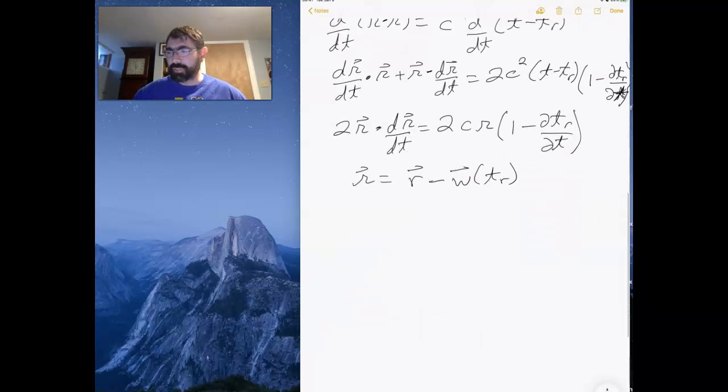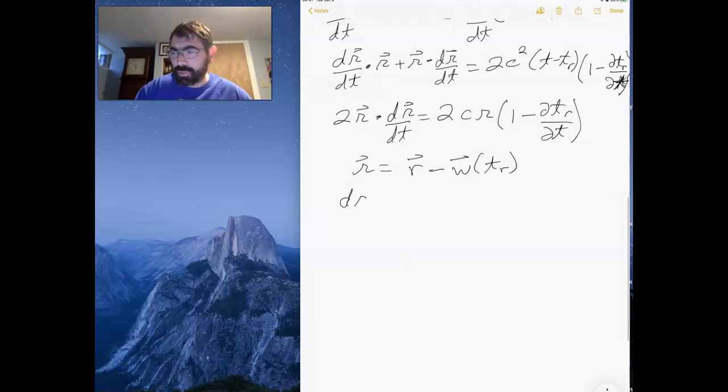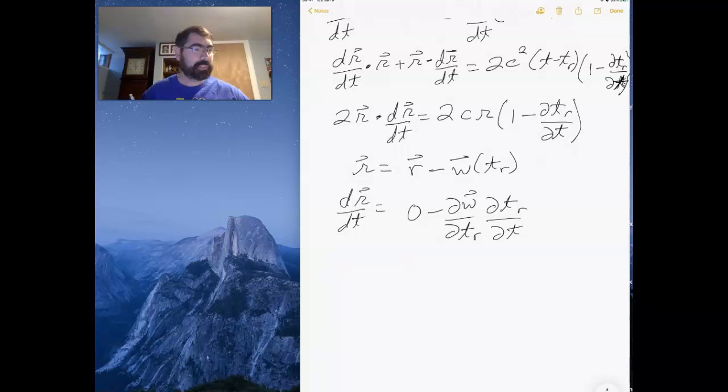If I take the derivative of this, my measurement point doesn't move, so that's 0, minus dw/dt_r times dt_r/dt, which is essentially minus the velocity of the charge times this conversion factor.